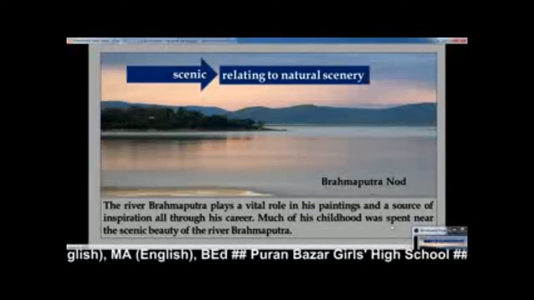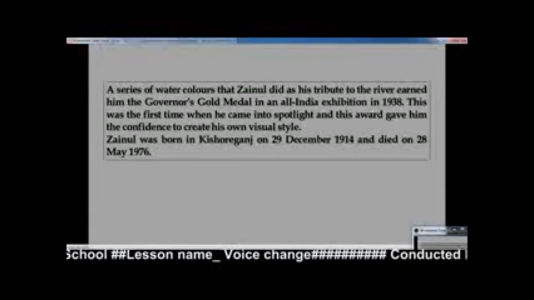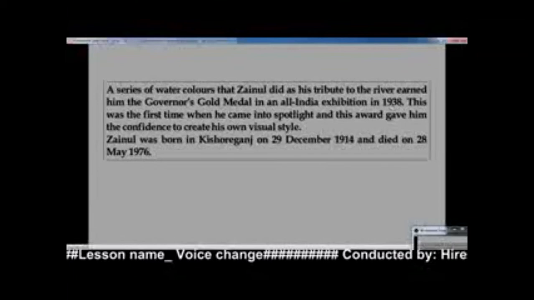A series of watercolors that Zainul did as his tribute to the river earned him the Governor's Gold Medal in an All India exhibition in 1938.